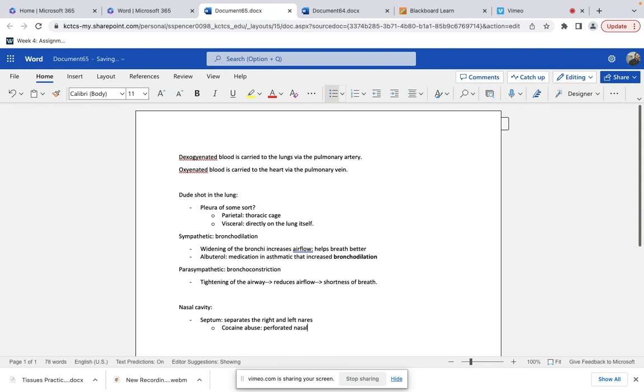Perforated nasal septum. We talked about the nasal concha, increasing surface area. The olfactory receptors for smell. Nasolacrimal duct. Okay, so different things here. Go back, review the nasal cavity anatomy.